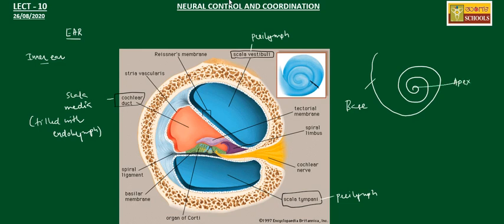At the apex there is a helicotrema, the location where the scala vestibuli and scala tympani meet.